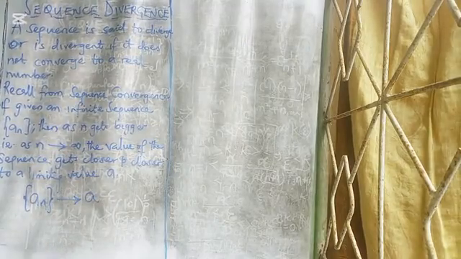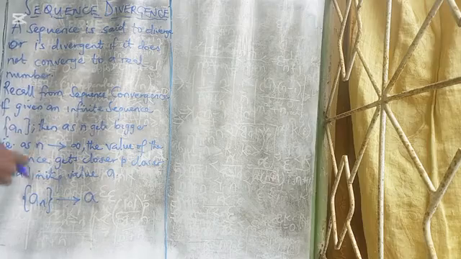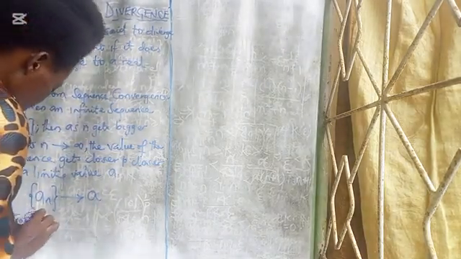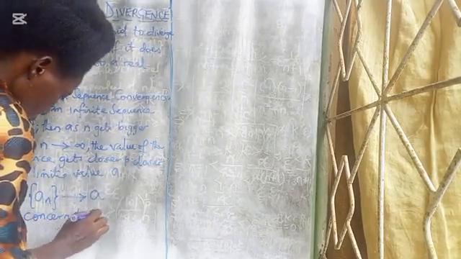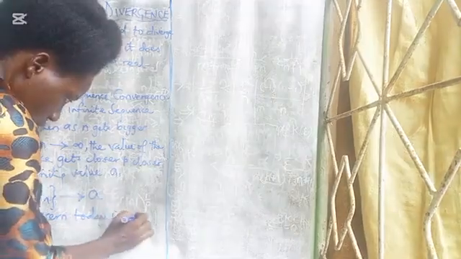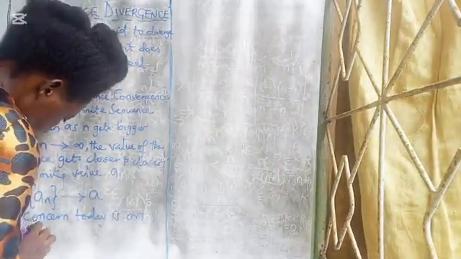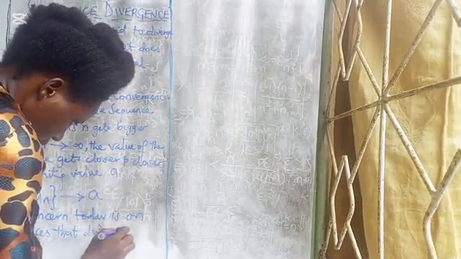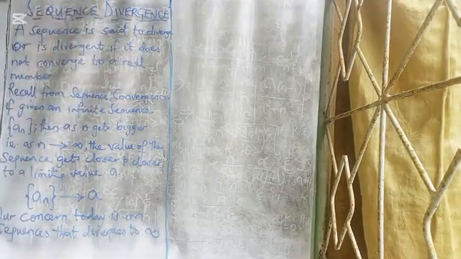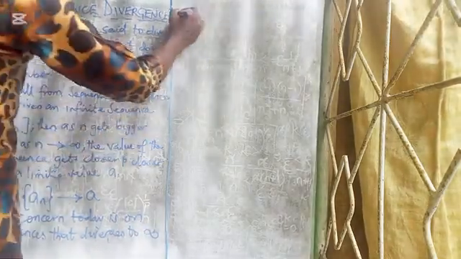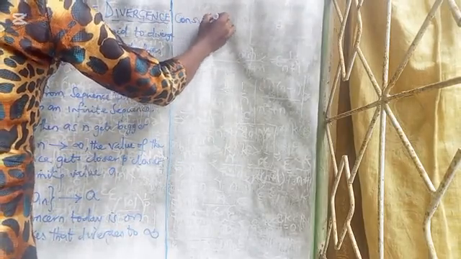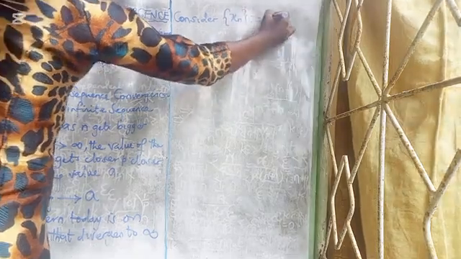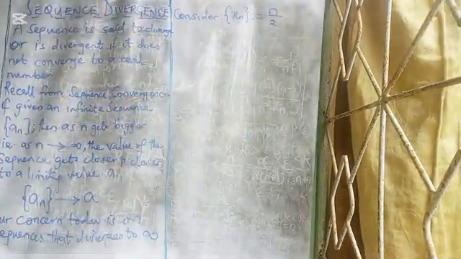In today's class, we are concerned with sequences that diverge to infinity. Consider the sequence x_n defined as n over 2.